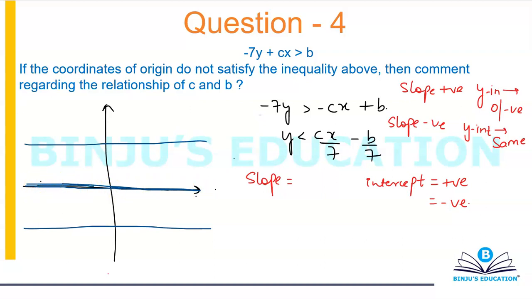So intercept can be positive, intercept can be negative, intercept can be 0 also. So slope is 0. Now again in all the 3 cases, y less than, so we have to take the region that lies below the line.